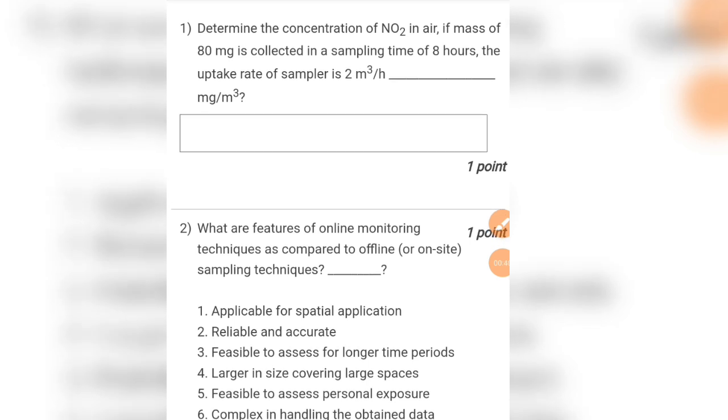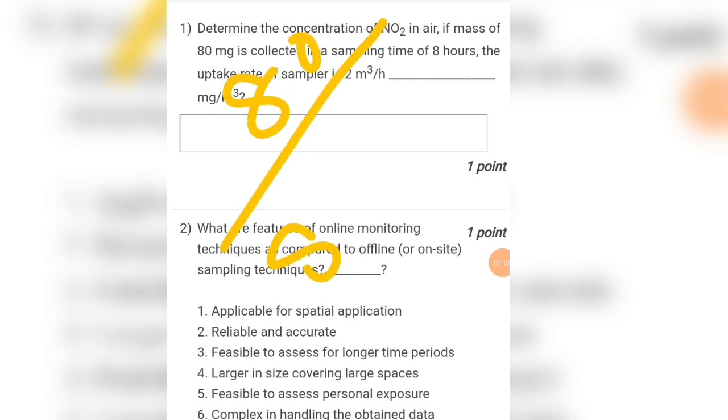So question number 1 is a numerical question. The question is: determine the concentration of NO2 in air if a mass of 80 mg is collected in a sampling time of 8 hours. The uptake rate of the sampler is 2 meter cube per hour. Okay, so it will be calculated simply by mass, 80, upon 8 hours into sampler 2, that is 16.